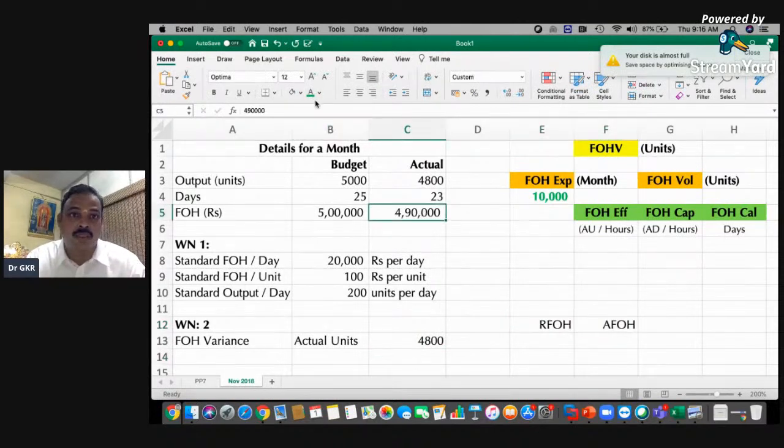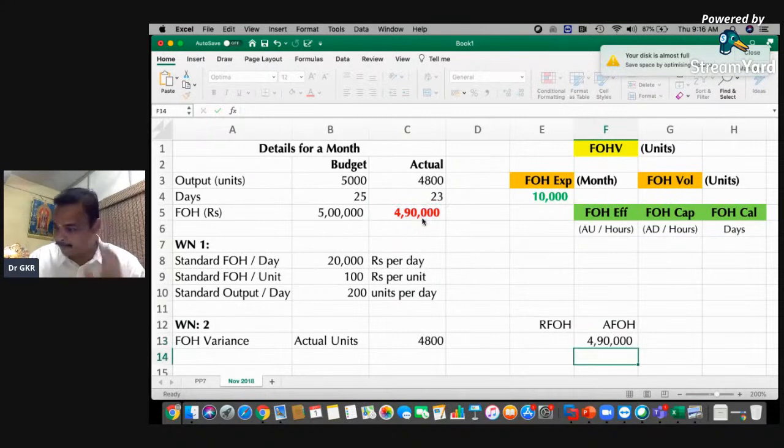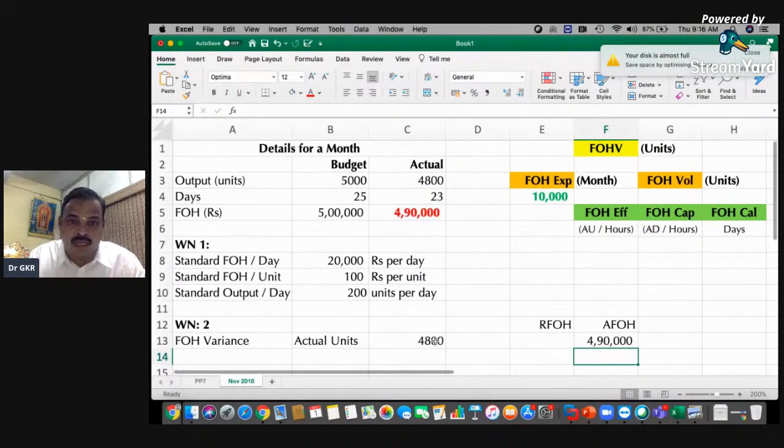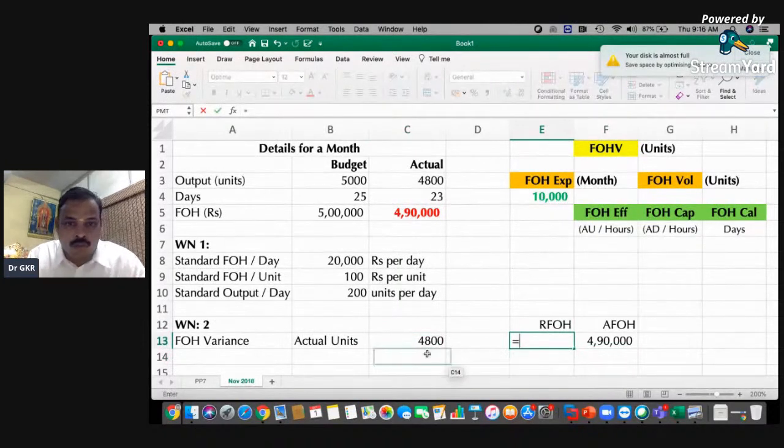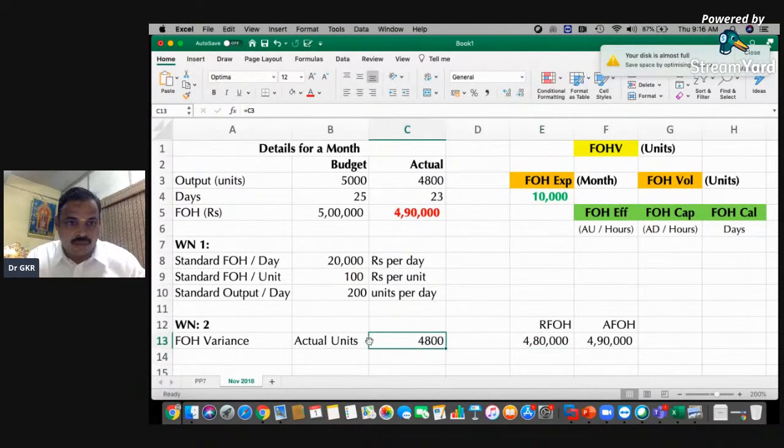Your actual fixed overhead, 4,90,000, is what you have spent for 4,800 units. Per unit is 100 rupees, so for actual units 4,800, you should recover only 4,80,000. You should have actually spent 4,80,000.